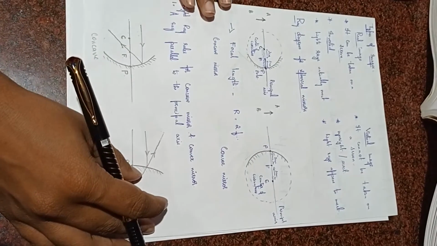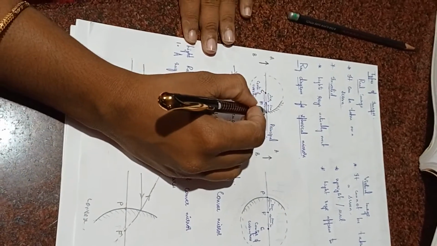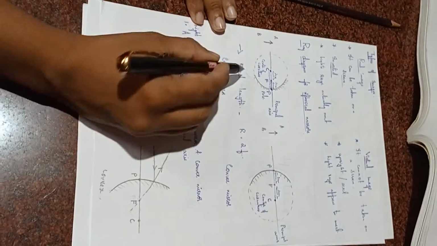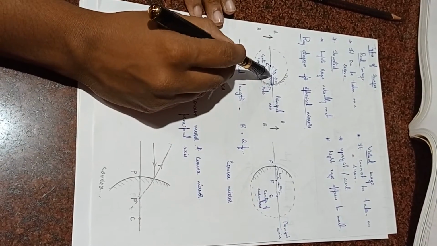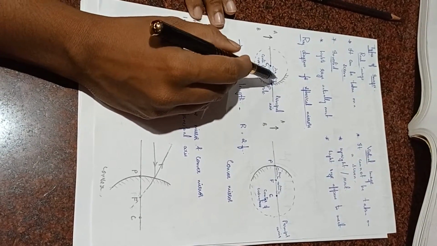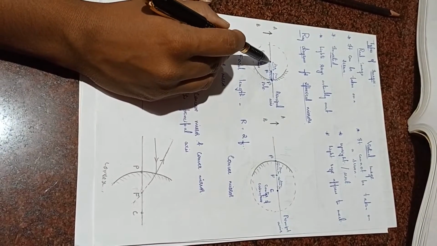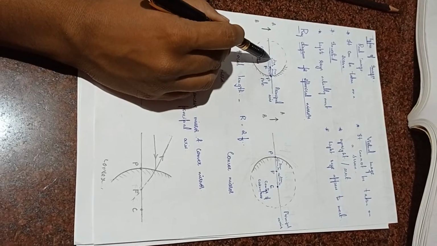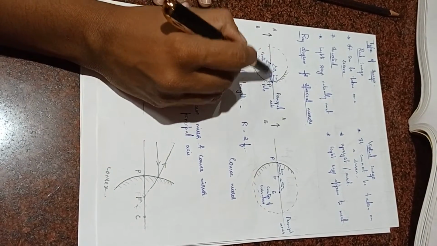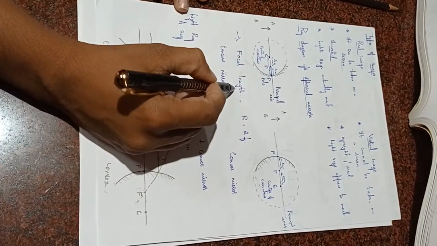The focus of a spherical mirror lies midway between the pole and the center. I have already talked about this, so once again I'll repeat. The distance between the pole and the principal focus of a spherical mirror is known as focal length. For a spherical mirror, the radius of curvature is the radius of this sphere. So the radius of curvature is twice the focal length.